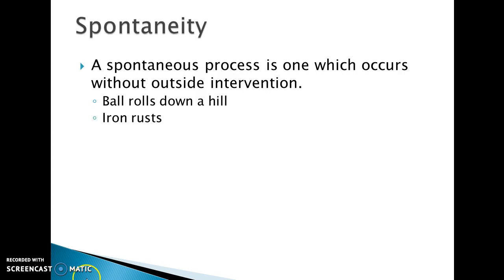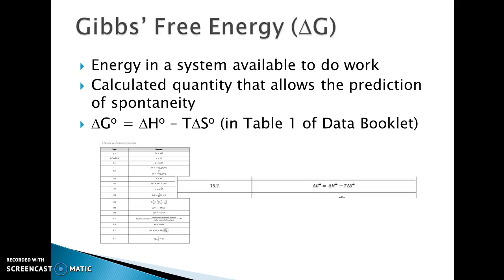So when we talk about spontaneity, we're talking about in what direction does it happen without anything happening to make that happen. So we have this concept of Gibbs free energy, delta G, and it basically means how much energy is in a system that could do work. For our purposes, it's really just a calculated quantity that allows the prediction of spontaneity.